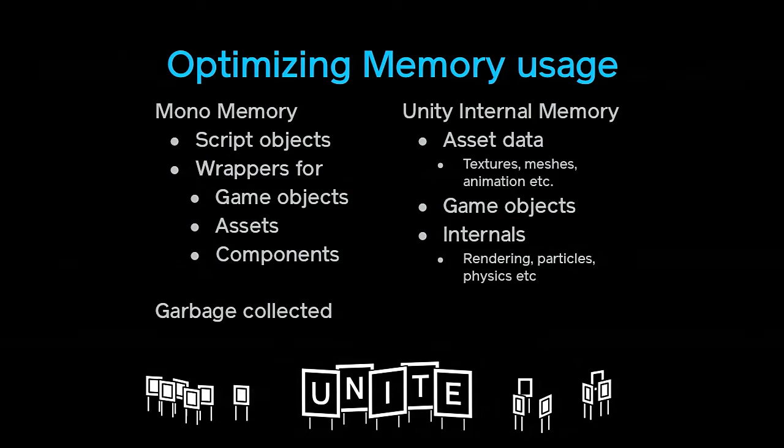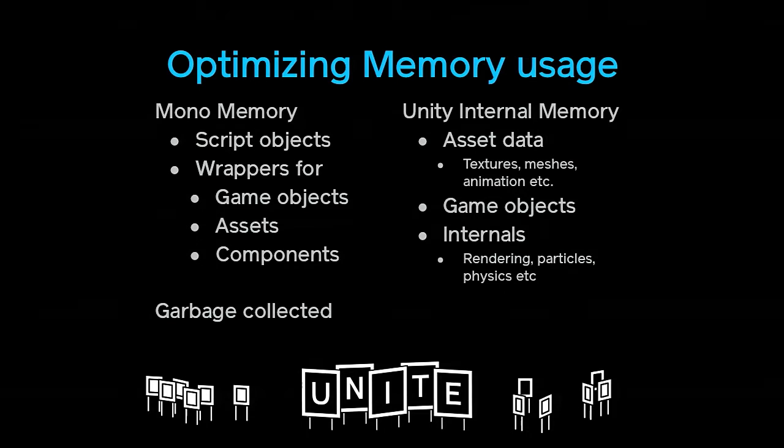To understand more about the memory model of Unity, we have the Mono part of memory where all your game objects from code are allocated on the heap. There's wrappers for objects such as game objects, assets, the texture wrappers, stuff like that, and all this memory is on the Mono heap and is garbage collected in time.